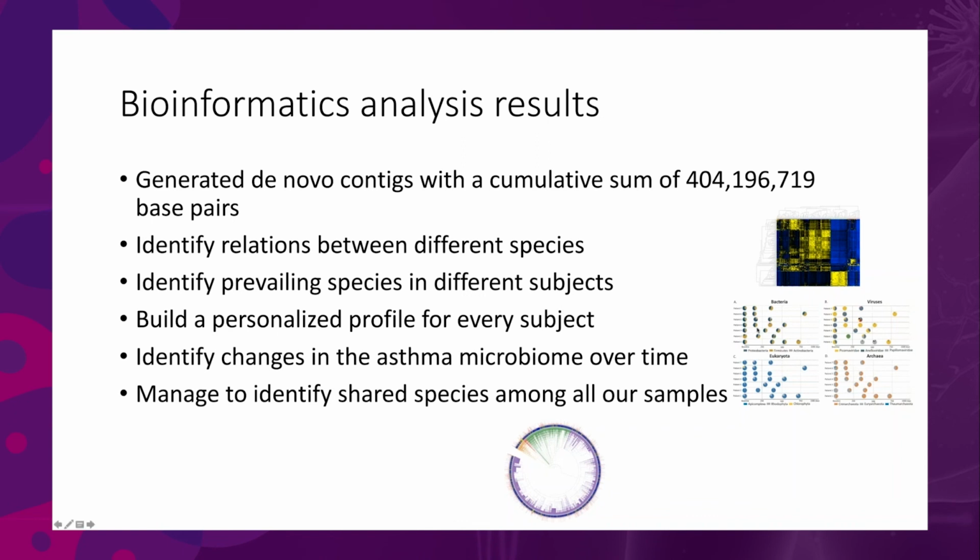We also try to see if we can spot any changes in how asthma is progressing over time, and try to identify all the shared species among oral samples. Basically, can we identify species that prevail in all patients the whole time, and see if there's something that drives that towards disease.